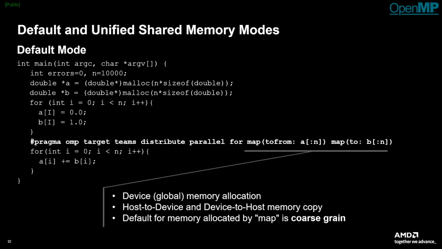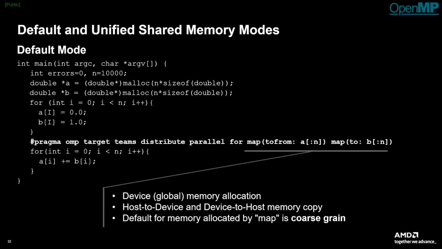And so our malloc call is going to be migrated automatically by the system. And you notice that we have the map call. That is going to tell the system that we need to map the memory over to the GPU.